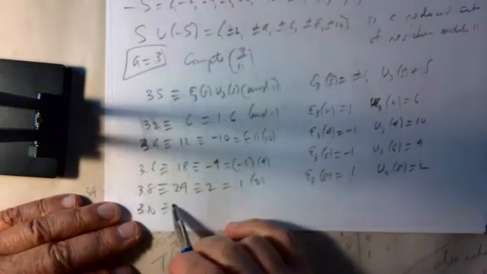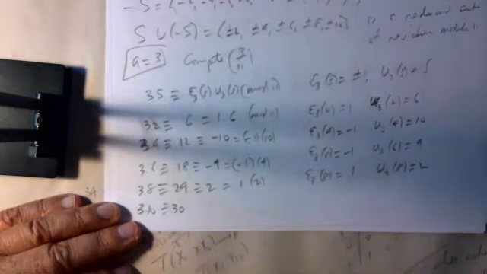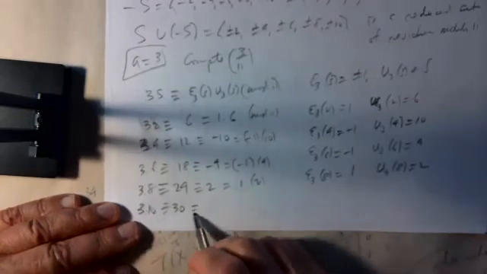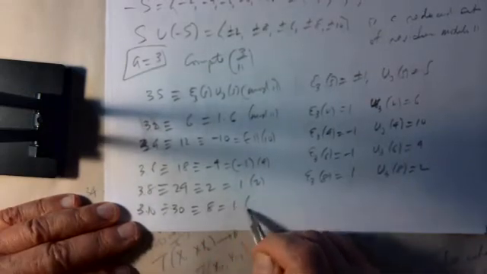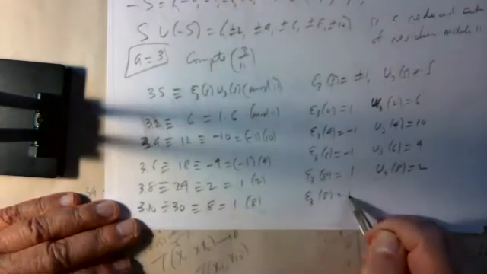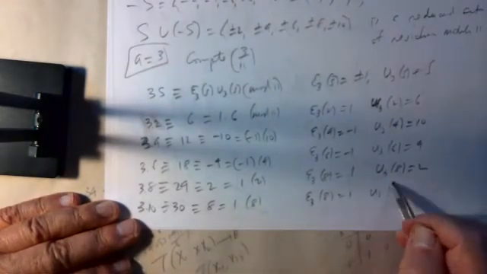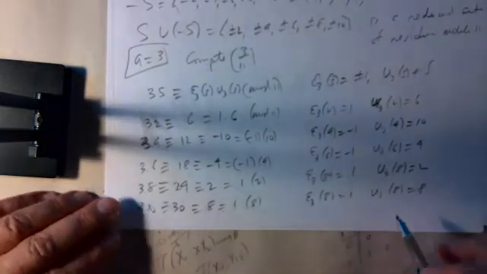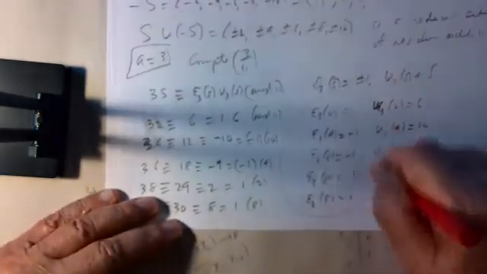And 3 times 10 is 30. Mod 11, 30 is 8, so 1 times 8. So epsilon sub 3 of 10 is plus 1, and u sub 3 of 10 is 8. So here are my epsilons, and m is the number of minus ones.